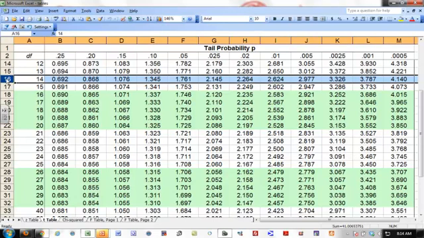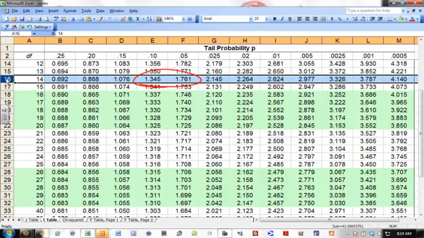So if I go down this line, 1.54 falls between those two numbers, 1.345 and 1.761. Now, I'm not going to be able to get an exact probability out of this table, but what I can say is that the probability we're looking at is between 10% and 5%.